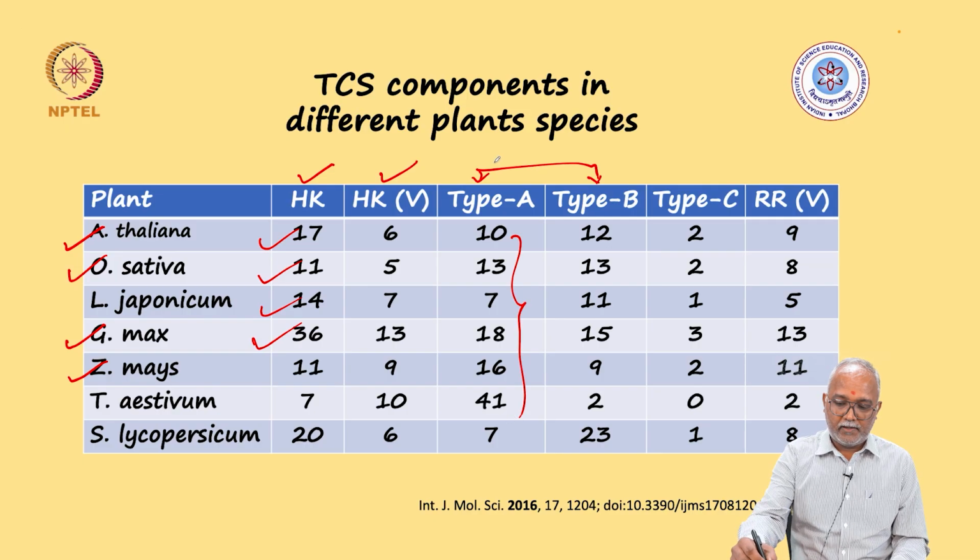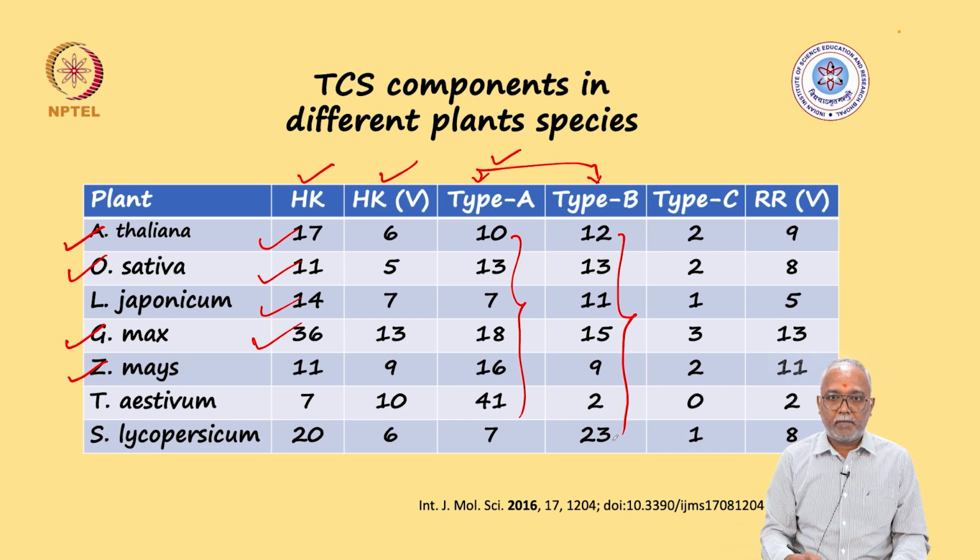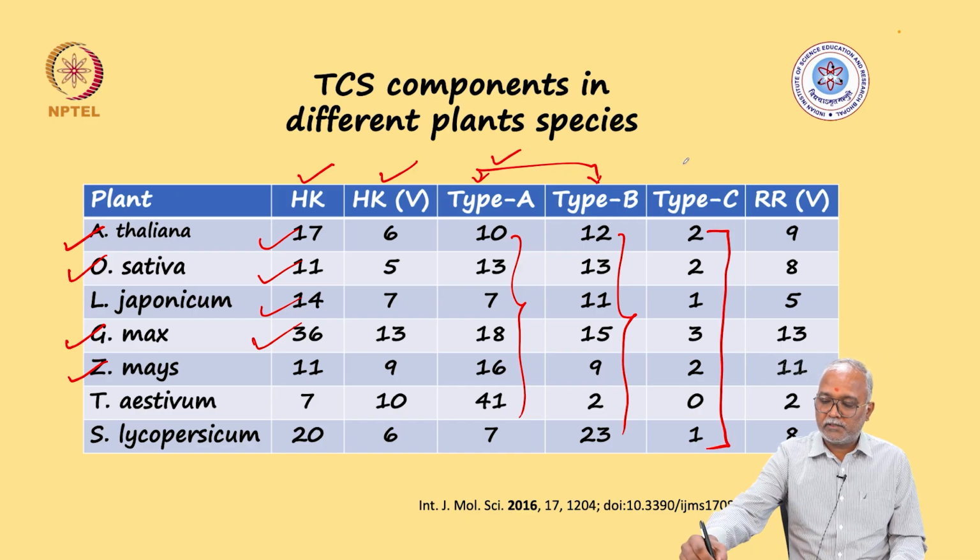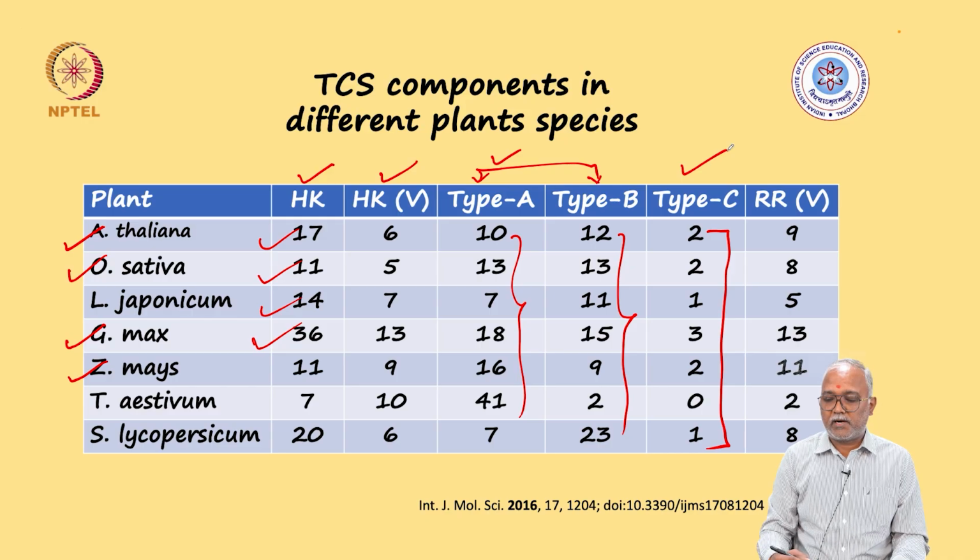Whether it is type A, remember these were the small response regulators, minimal domain containing, having one aspartate residue where phosphate can be transferred, or type B, which were a little bigger by virtue of having another domain which will catalyze different type of reaction. So these numbers which you see here are reflecting the genes which are coding for those components. There is an additional type of response regulator present in these plants, that is type C.